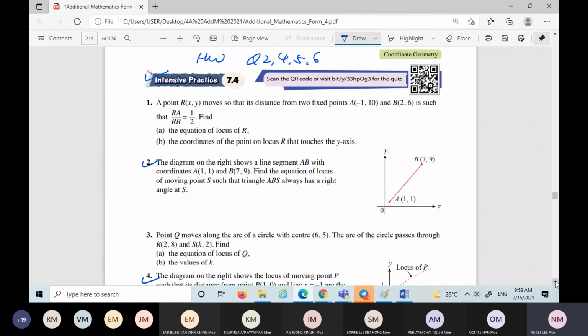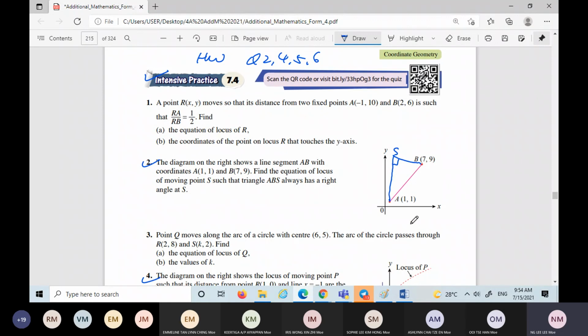Now we look at intensive practice 7.4, question 2. You see the moving point S. Triangle ABS always has a right angle at S. This is similar to the other example just now that I asked you to use 3 methods to do.